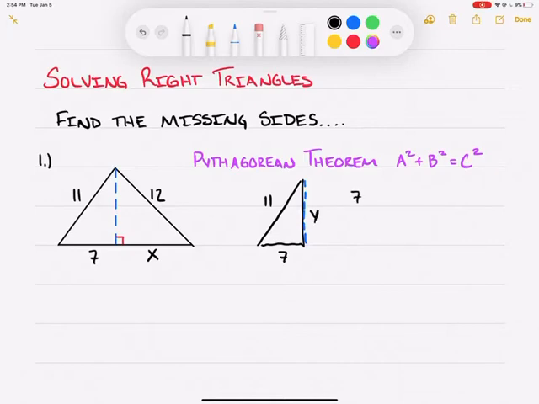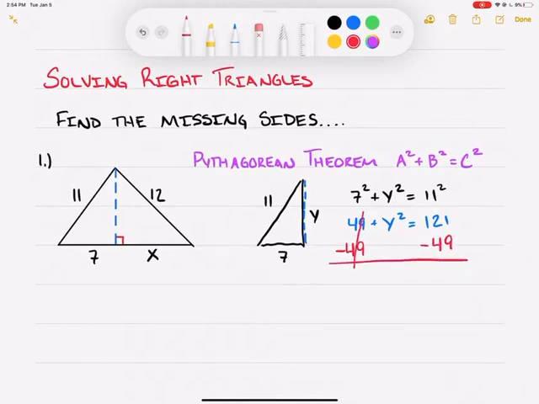So 7 squared plus y squared equals 11 squared. Well, 7 squared is 49, y squared is still y squared, and 11 squared is 121. So if I want to solve for y squared, I need to move 49 over by subtracting it from both sides.